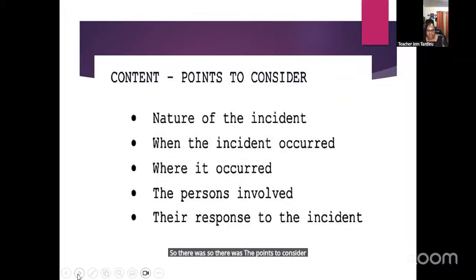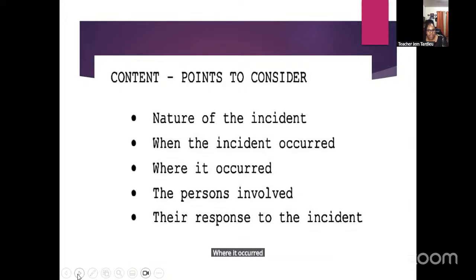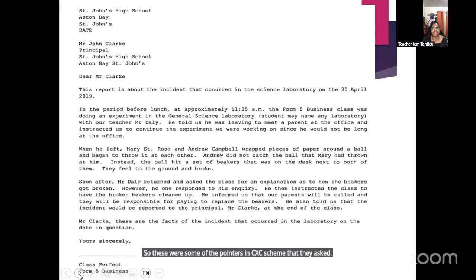These are some of the points that CXC would have acknowledged. We want to consider the nature of the incident, when the incident occurred, where it occurred, the persons involved, and their response to the incident. So these were some of the pointers in CXC's scheme that they asked markers to consider.